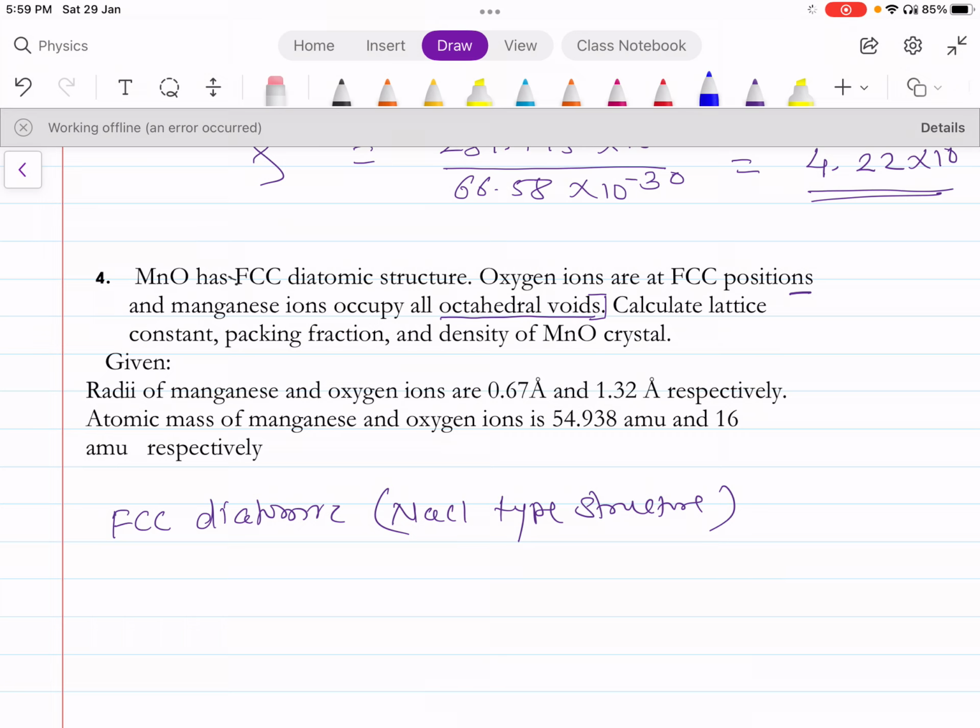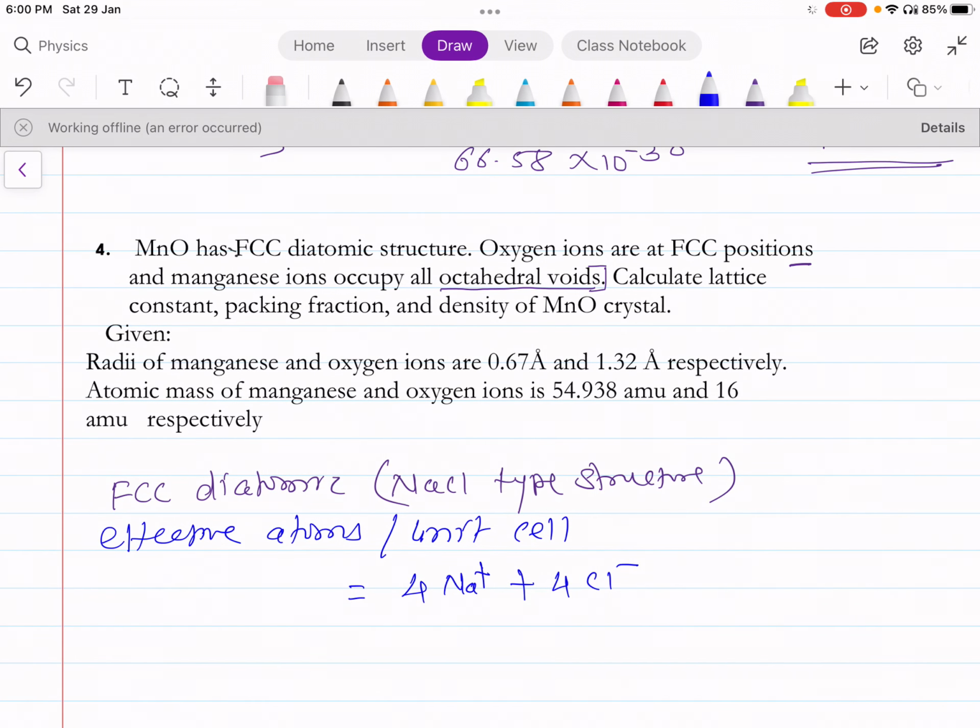When you say that it is FCC diatomic NaCl type, it means the effective atoms per unit cell equal 4 sodium plus 4 chlorine ions. So a total of 8 ions are there per unit cell, 4 sodium and 4 chlorine.